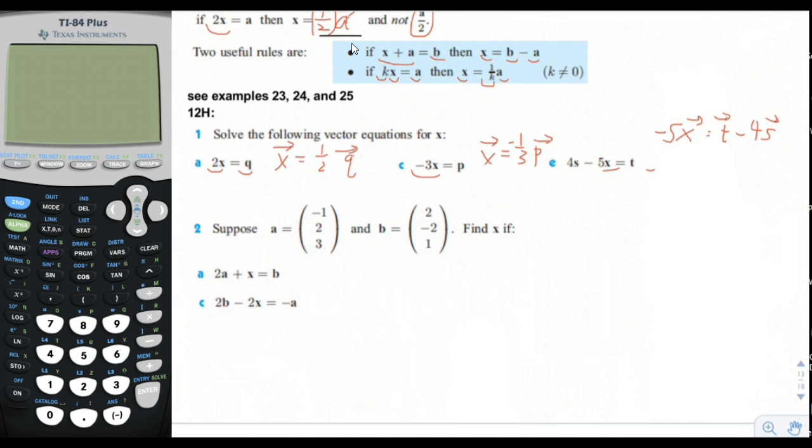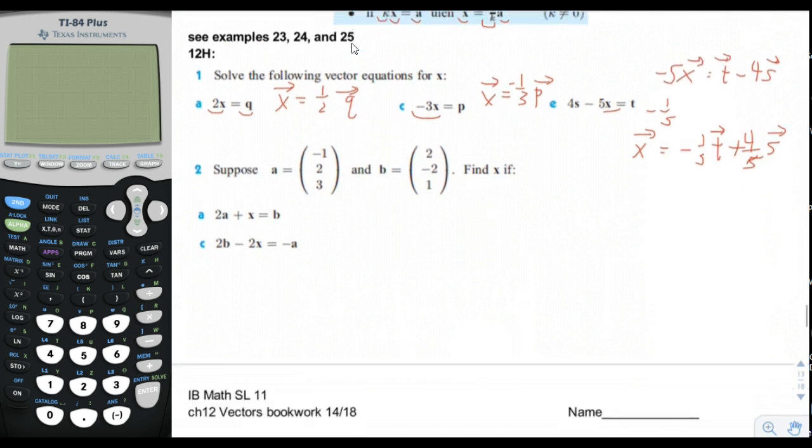So if I multiply both sides by -1/5, I get vector x on the left side, and on the right side I get -1/5 vector t, and actually it would turn out to be positive 4/5 vector s, because I multiplied by -1/5.